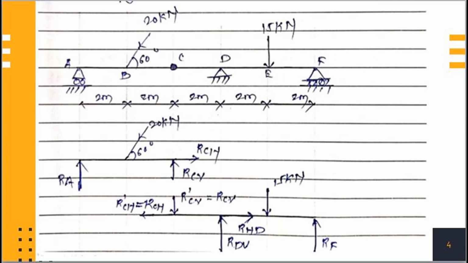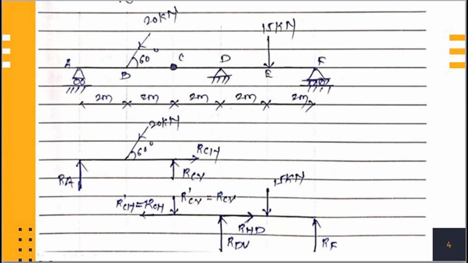Now we will consider beam CDEF. As explained in beam ABC, RC is an inclined reaction lying in the third quadrant. Therefore when considering beam CDEF, RC dash should lie opposite to the third quadrant, that is, RC dash should lie in the first quadrant, as RC and RC dash are equal in magnitude, opposite in direction and collinear with each other.